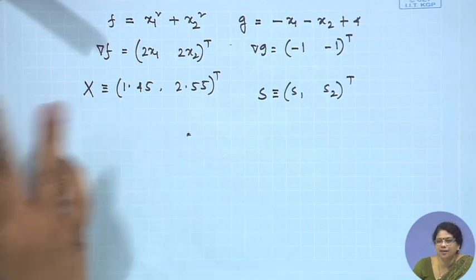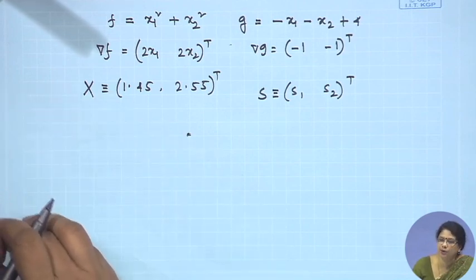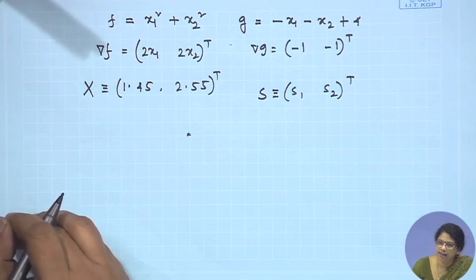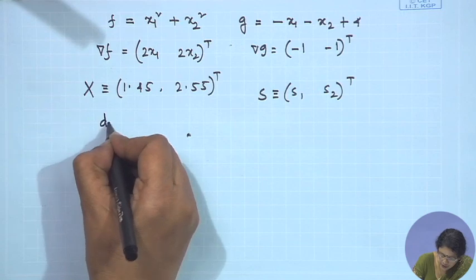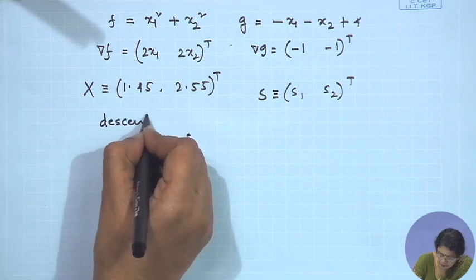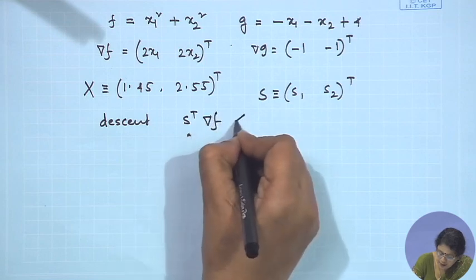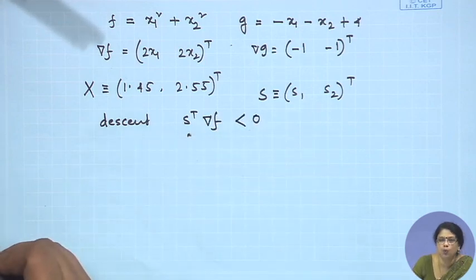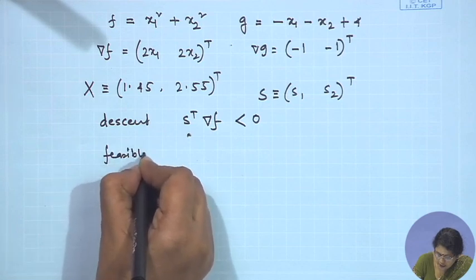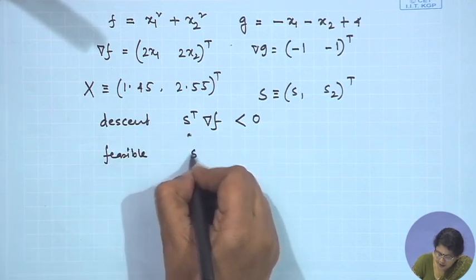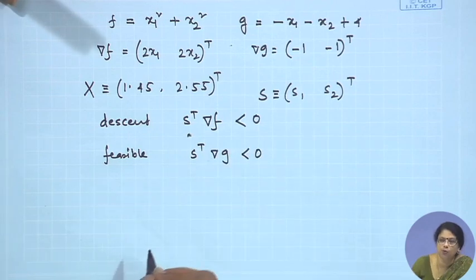S1 is related to x1 and S2 is related to x2. Then the descent direction would be S transpose grad f must be less than 0. And the feasible direction, as I showed you with the geometry, is S transpose grad g must be less than 0.